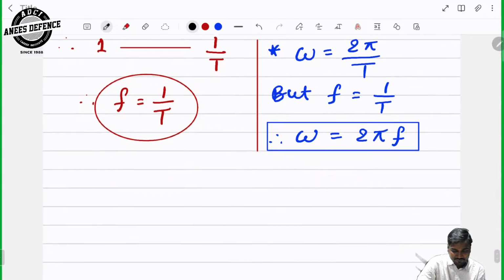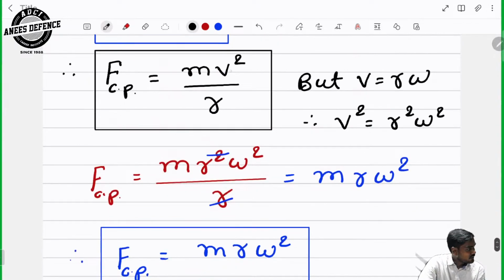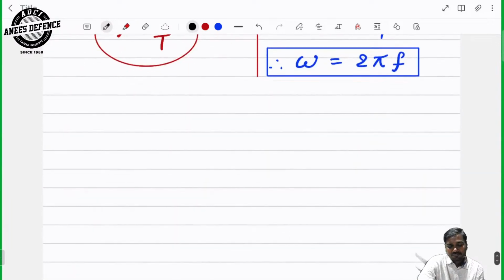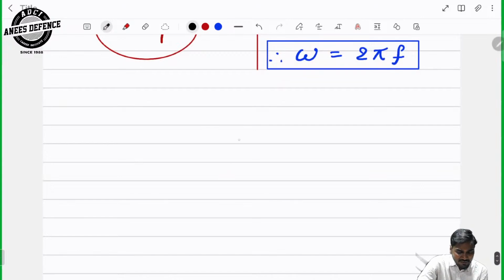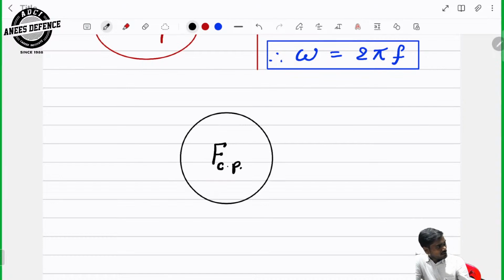Next, you know centripetal force is equal to mv square by r, or m r omega square, right? So listen, what is the meaning of centripetal force? When an object moves on a circular track, force acts towards the center, and that force is known as centripetal force.